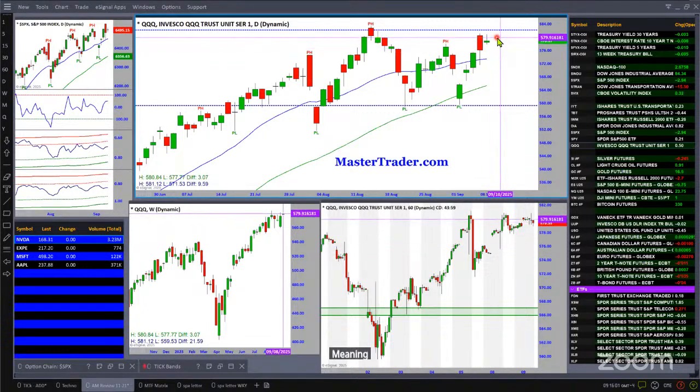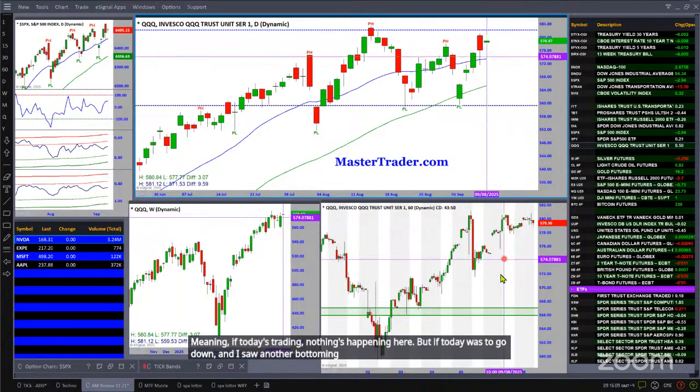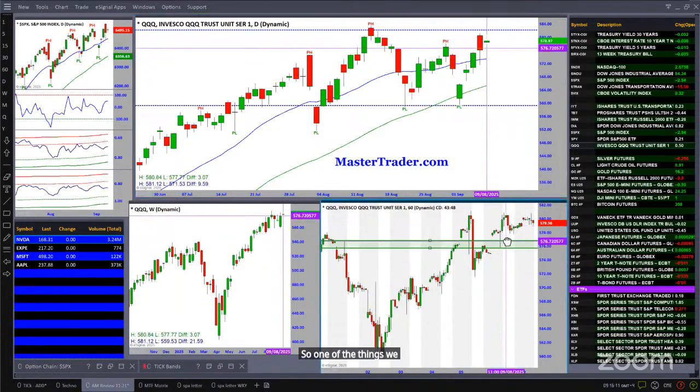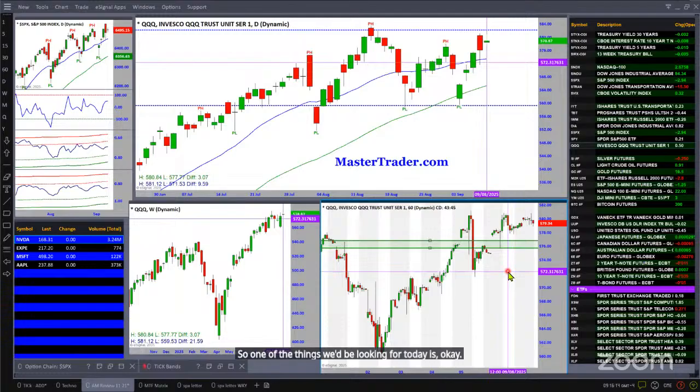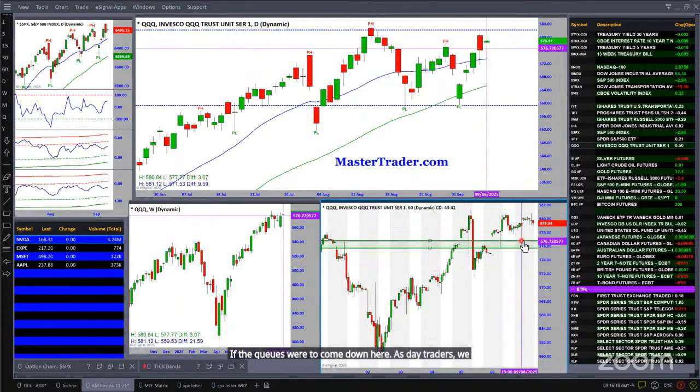Meaning, if today's trading, because nothing's happening here, but if today was to go down and I saw another bottoming tail bar, so one of the things we'd be looking for today is, okay, if the Qs were to come down here as day traders, we're going to look to buy that with the appropriate pattern on a 5-minute chart or whatever you choose to use.